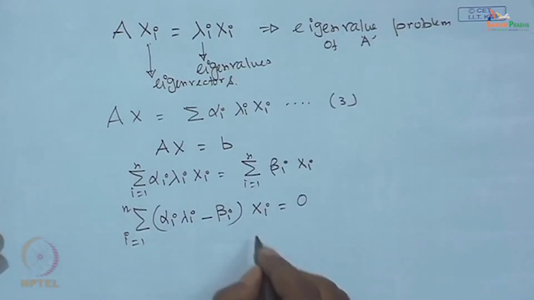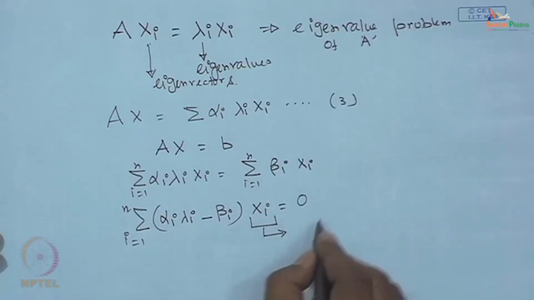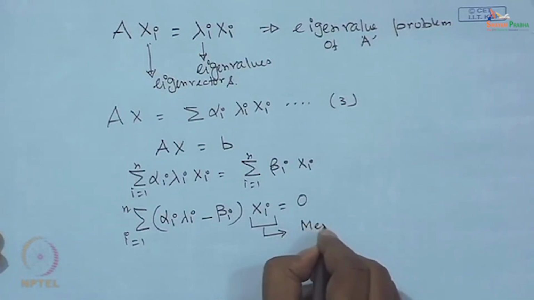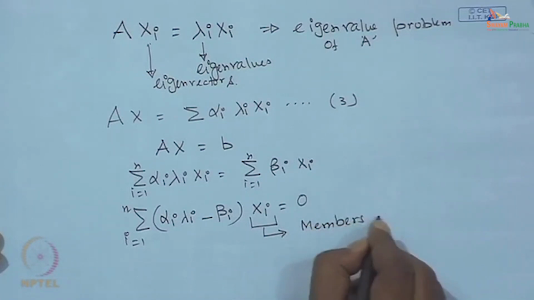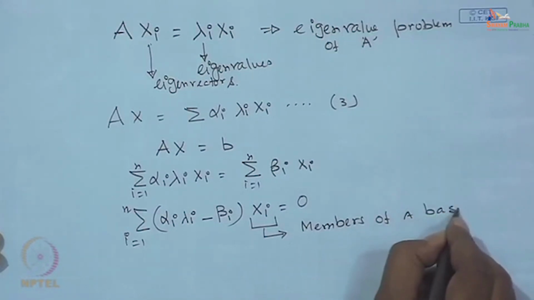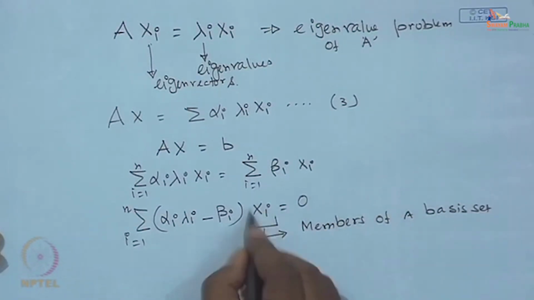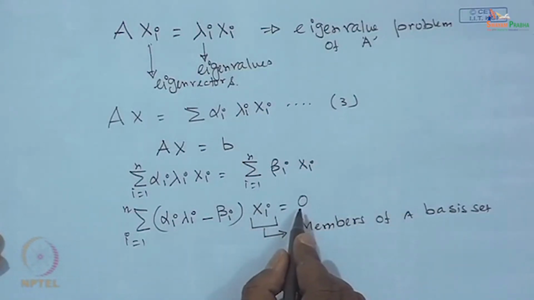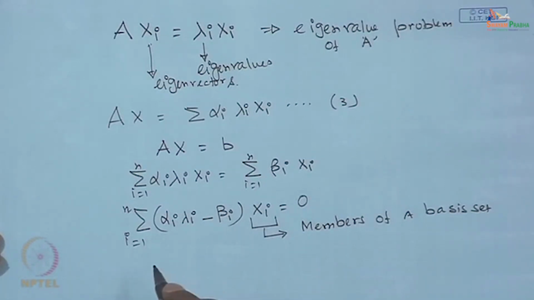Now, since x i forms an independent set of vectors, they are members of a basis set, they are all independent. Therefore, for this equation to be 0, all the coefficients have to be identically equal to 0, and we have already proved this earlier.